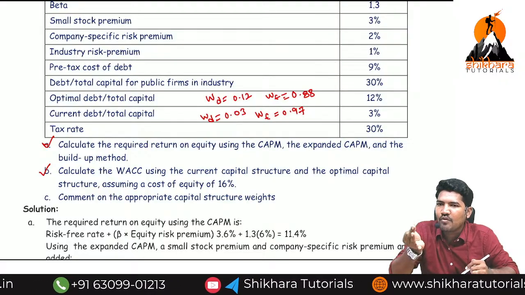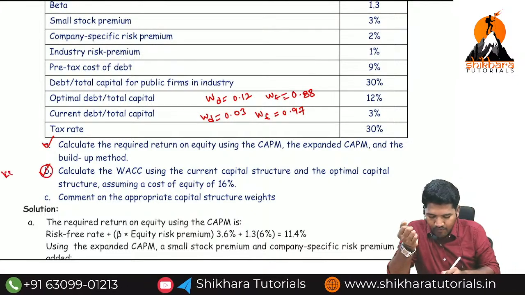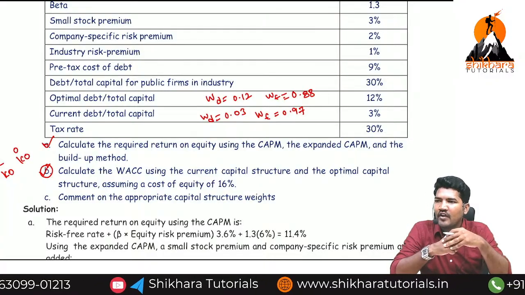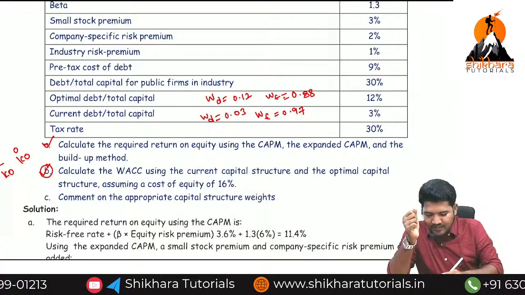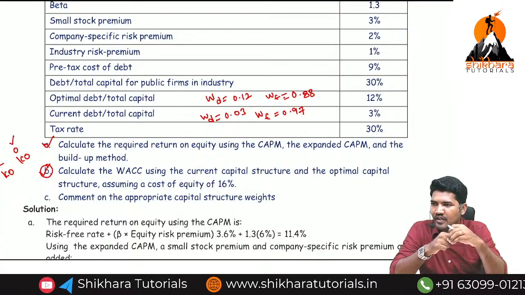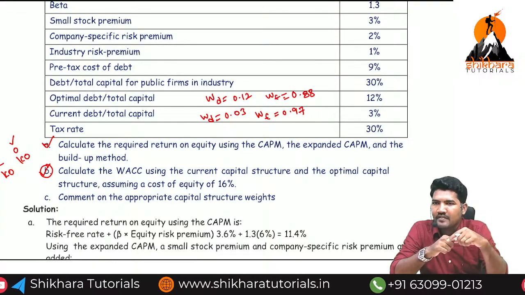EPS, MPS, Ko. You already completed them, no? Here you calculated Ko for current and Ko for optimal. Are you clear? Now we can't judge it as optimal without answers. Based on the answers only you have to judge. Go and check where you get the minimum Ko; that is optimal.